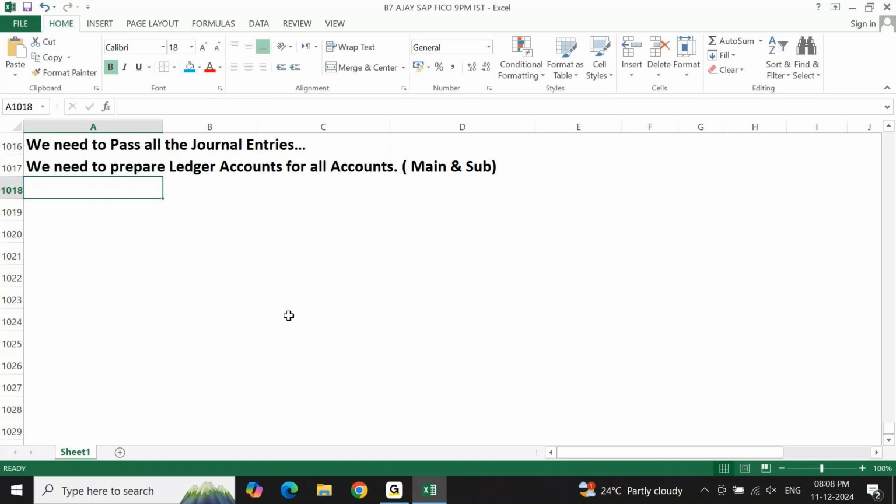Main is nothing but GL account, sub is nothing but customer, vendor, fixed asset. Right? Finalize the closing balance of each account. Is this correct? We need to finalize the closing balance in each account.